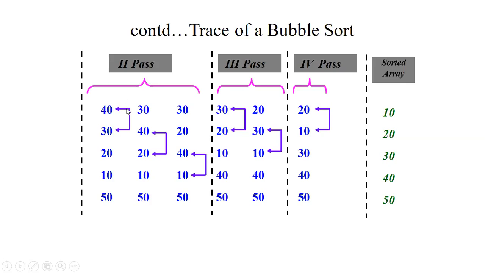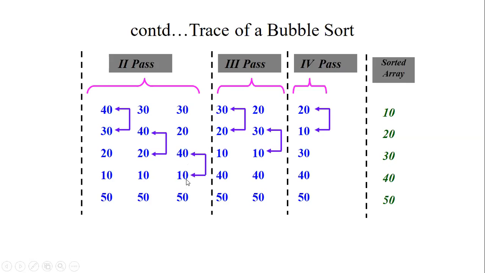We start from the starting. Now 40 is compared with 30. Since 30 is smaller, both get exchanged and the new arrangement will be 30, 40, 20, 10. Again 20 is less than 40, so both get exchanged and the new arrangement will be 30, 20, 40 and 10.